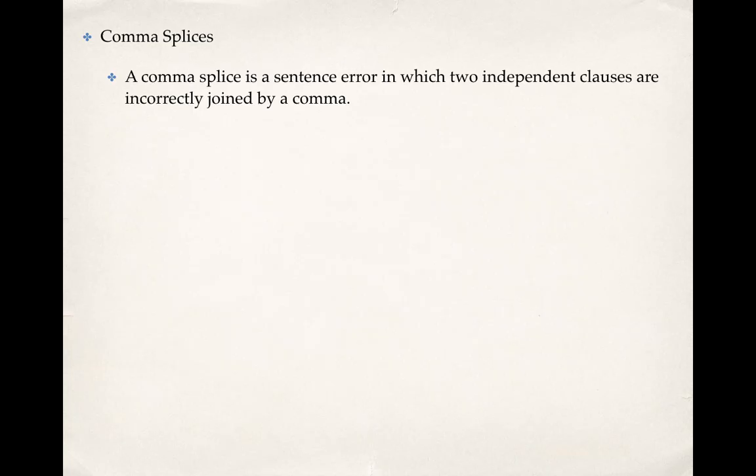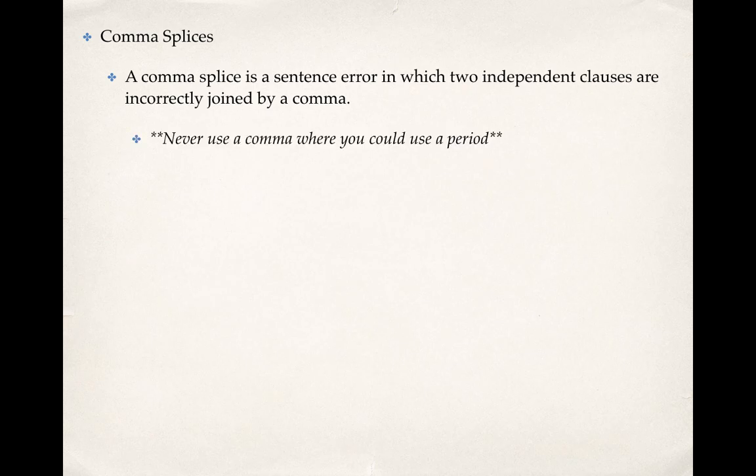So here's the thing about commas, and hopefully you've already looked at the handout and watched the video about all the different comma rules, and we'll be reminded of a few of those today as we discuss this. But one thing to remember is that a comma cannot be used like a period, all right?